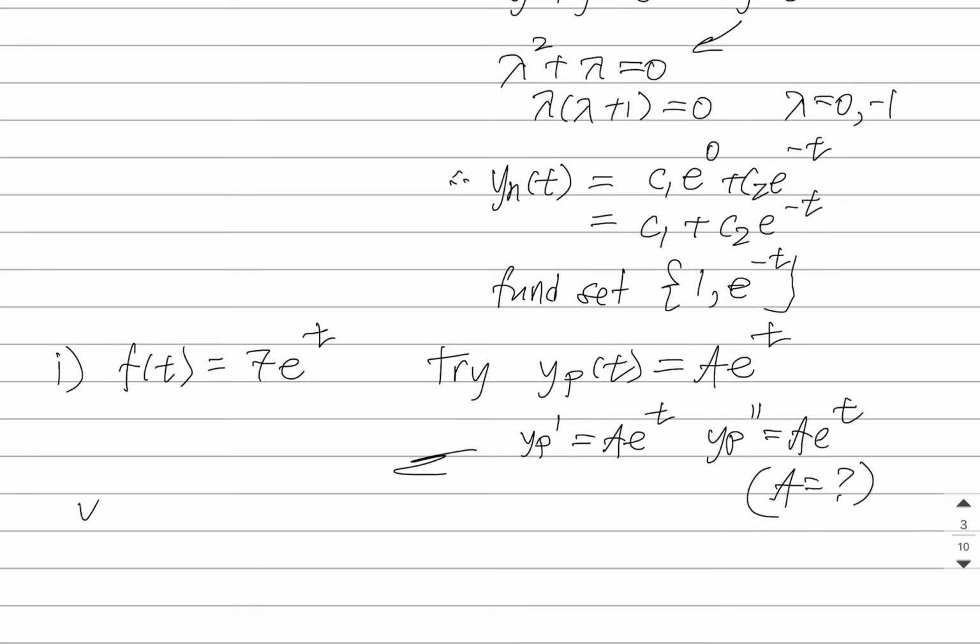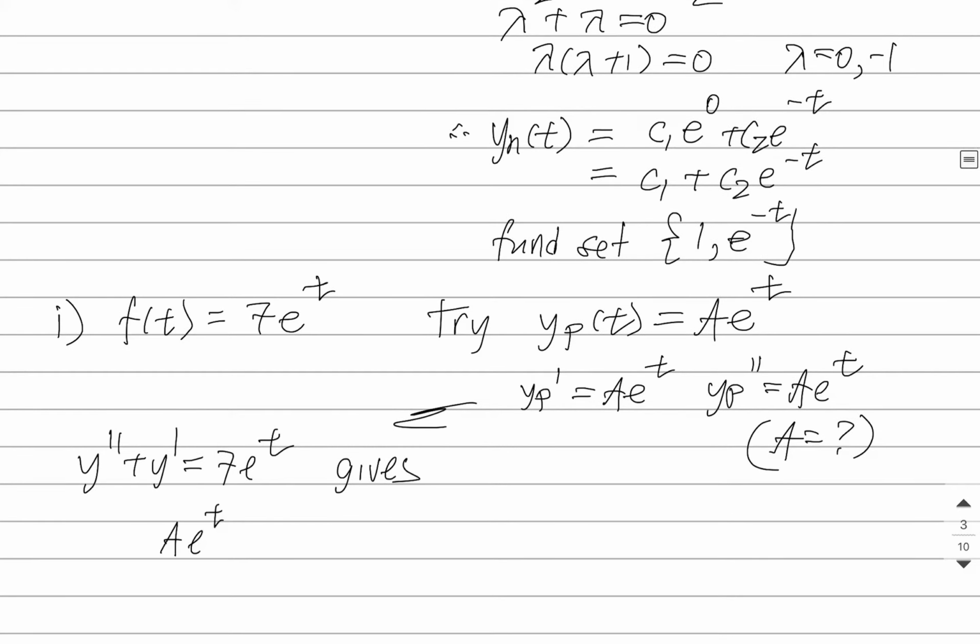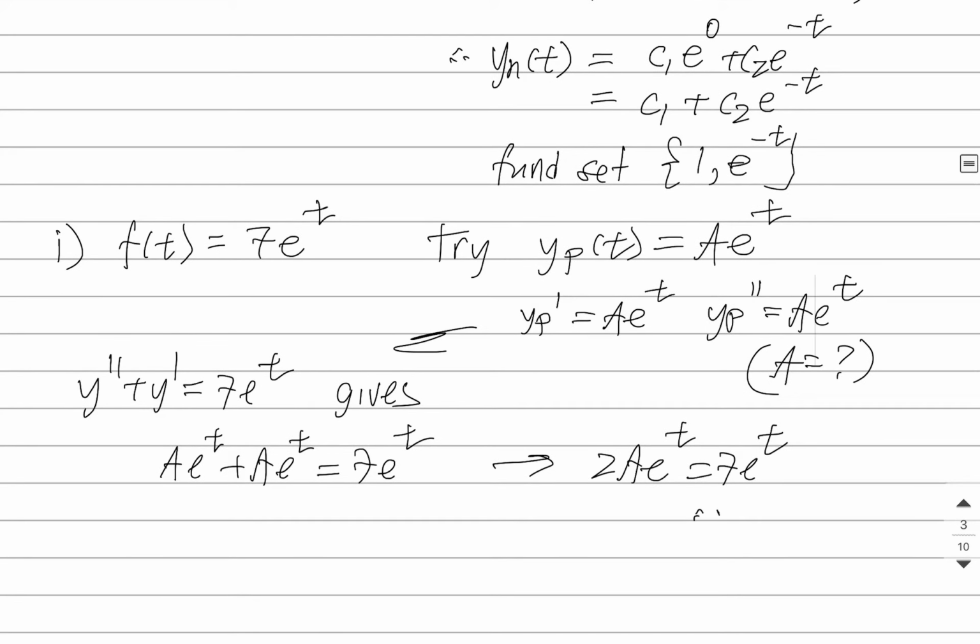So if I put this into the DE, this is going to give me an equation for a. I'll have a e to the t plus a e to the t is 7 e to the t. This is going to tell me that 2a e to the t is 7 e to the t. So you can clearly see that a should be 7 over 2.